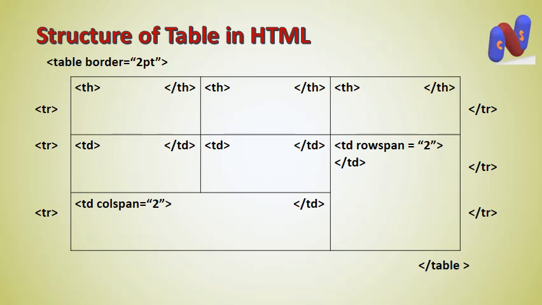after that I have closed the tr, then I have opened the next tr, and in the third tr, in the very first td, you can see I have used colspan with the value 2, and the effect of this particular code is that it will capture the space of 2 columns in a single cell, as you can see in the structure also.